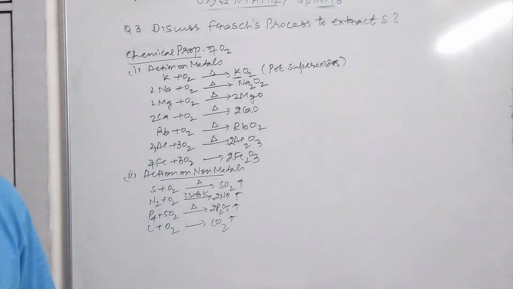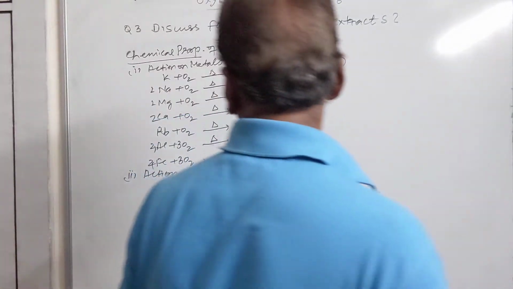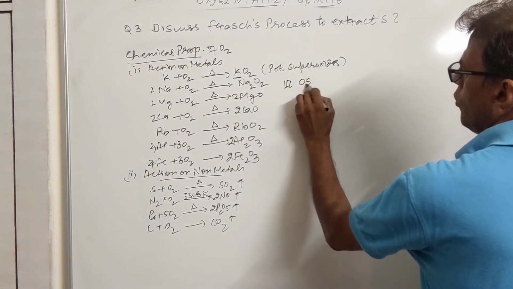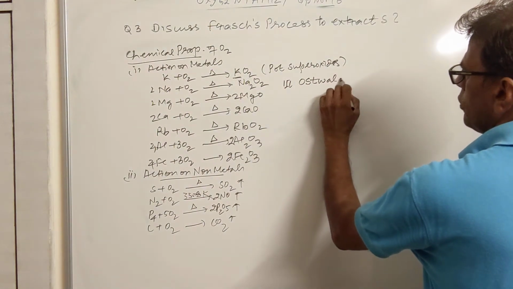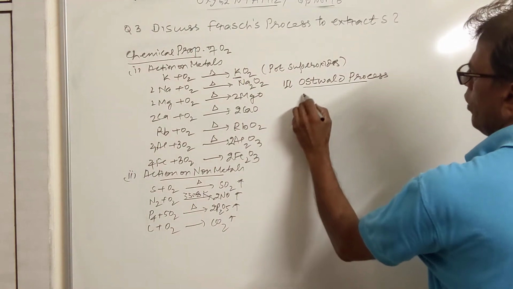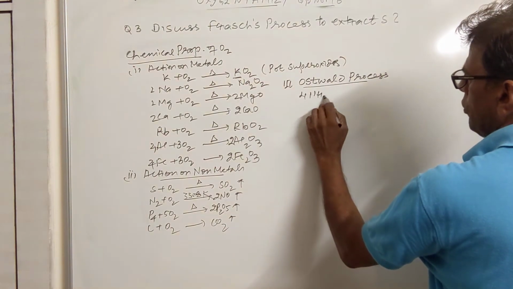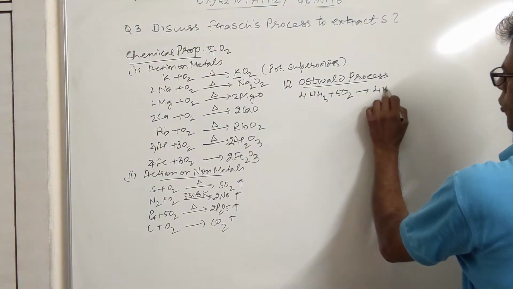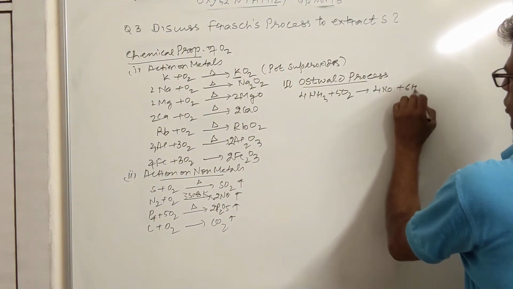Then we have the Ostwald process, used for the preparation of nitric acid. 4NH3 first of all combines with 5O2 to give you 4NO plus 6H2O.